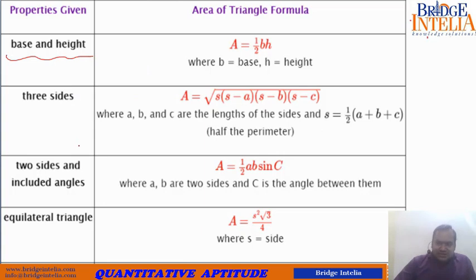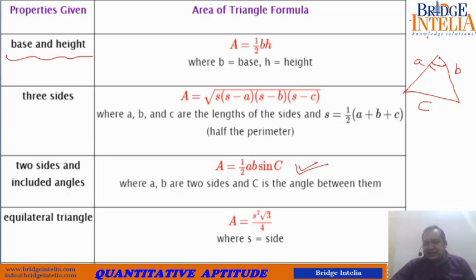The third situation commonly used to frame questions is when two sides are known and the included angle is known. Two sides will be given and it will be given that the included angle is so and so degrees. Then you must resort to using this formula. You should then use what? This formula: area is given as half AB into sine C. Now please understand what is A, what is B, what is sine C. If in a triangle, three sides are denoted by A, B and C, this is the included angle.